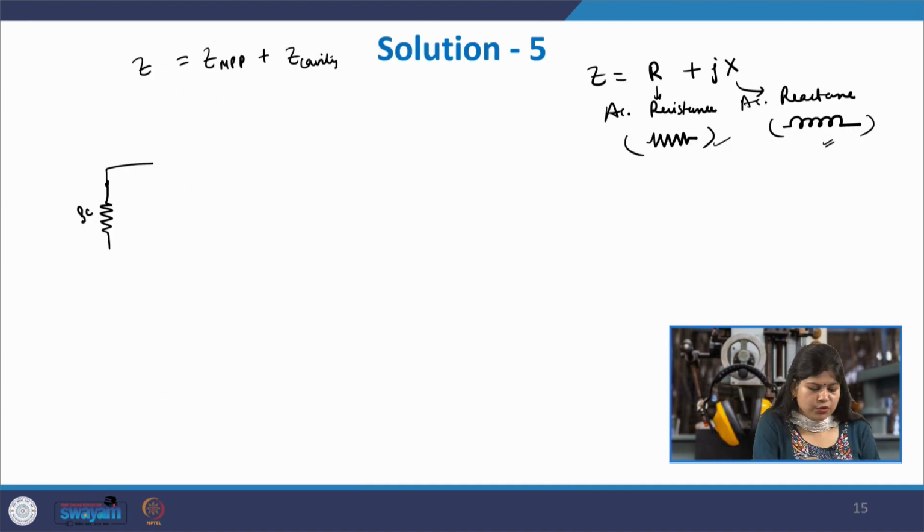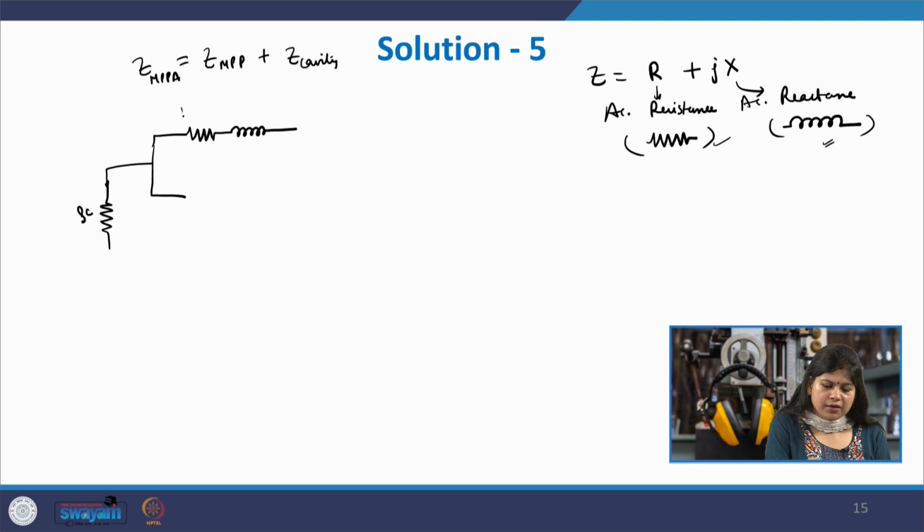So, you can have a parallel combination of each of these MPP absorbers, where first we write the Z of MPP, which has both the real term and the complex term. This belongs to the real part of the Z of MPP, and this inductor belongs to the imaginary part of the Z of MPP.